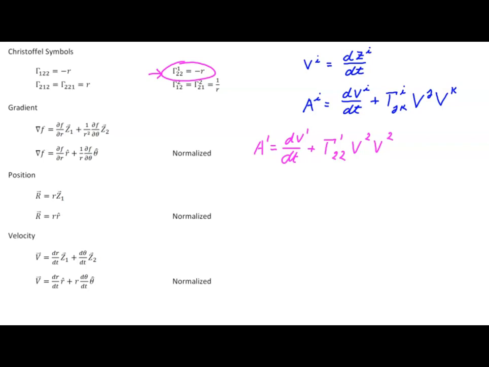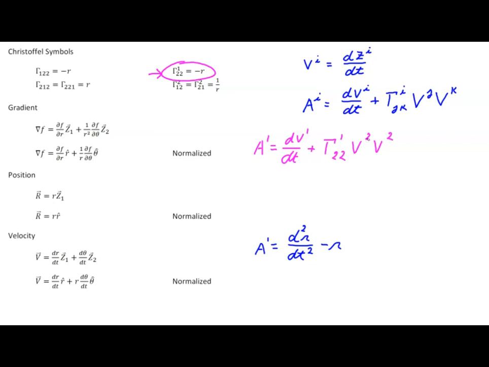Okay, so let's expand that out now. So we would have A1 is equal to the time derivative of V1. Well, V1 is just dr dt, so this first term is going to be the second derivative of r with respect to t. And then we're going to have this second term, which will be the Christoffel symbol, which has a value of negative r, and then times V2.